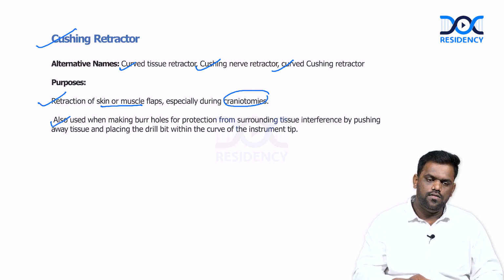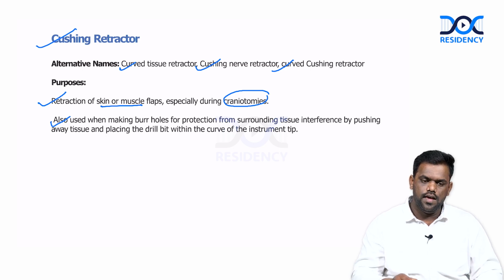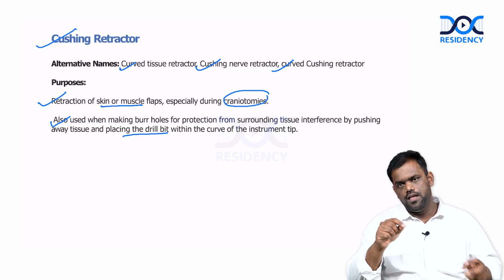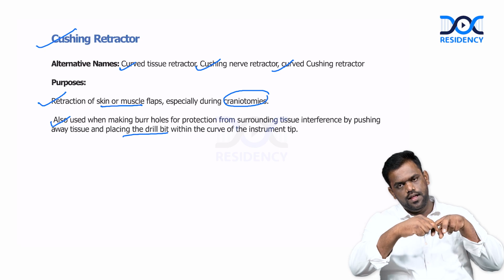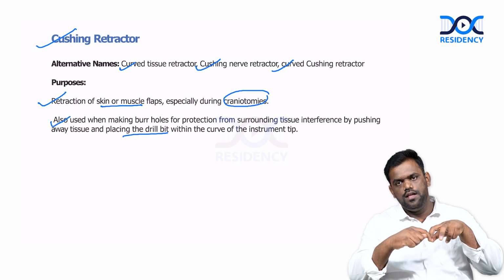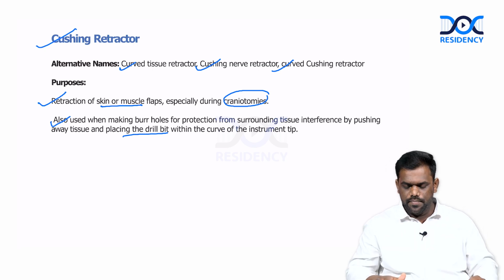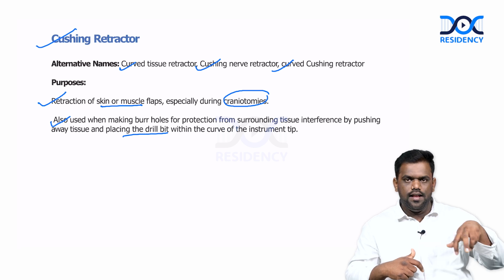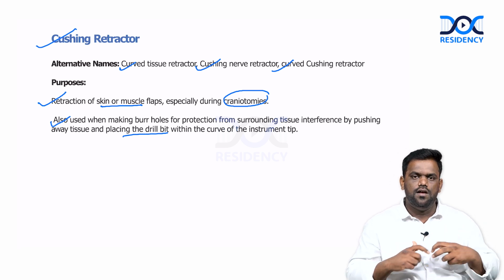It is also used when making burr holes, for protection from surrounding tissue interference by pushing tissues away and placing the drill bit within the curve of the instrument tip. We can also use the drill in between the tip of the instruments. It has a working space for the surgeons to do the procedures, and after retracting the tissues, we can also ligate the vessels in between.